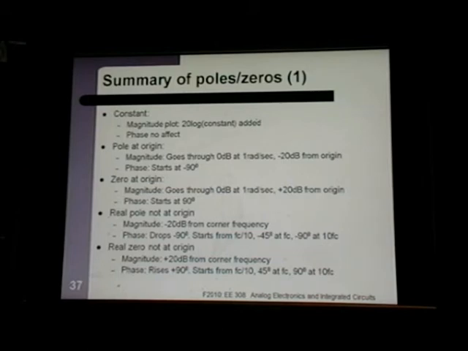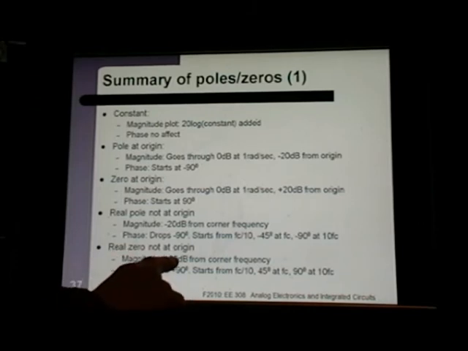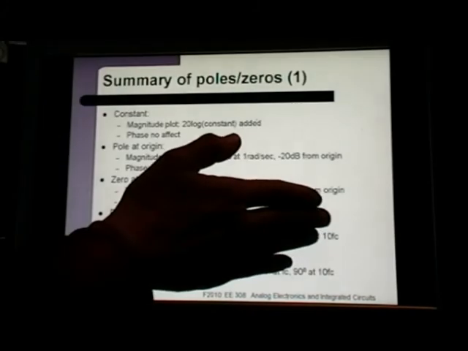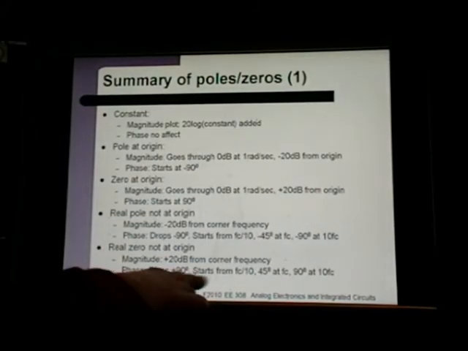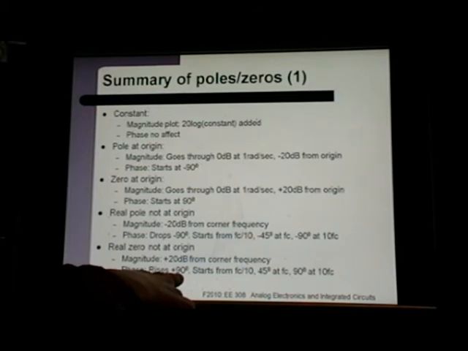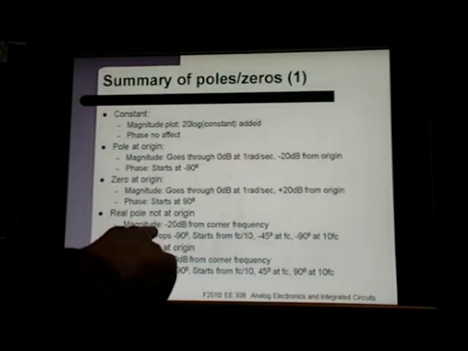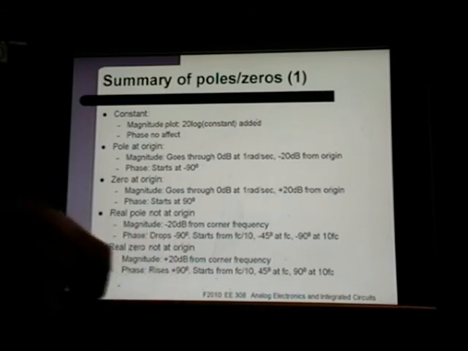This is just a summary of what happens. For example, a zero increases your magnitude from wherever that zero occurs. You increase your magnitude, and it also raises your phase. Okay, for a real pole, your pole drops your magnitude and drops your phase.